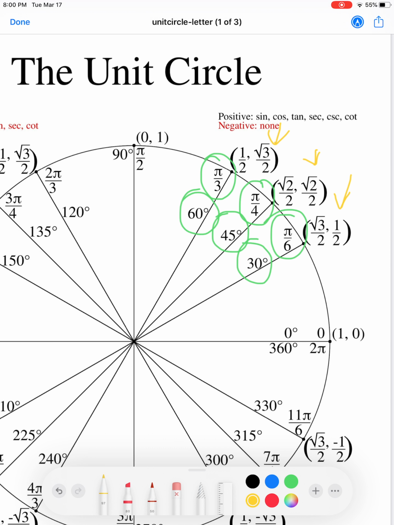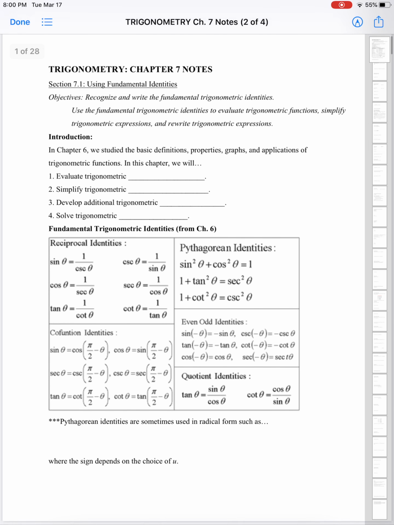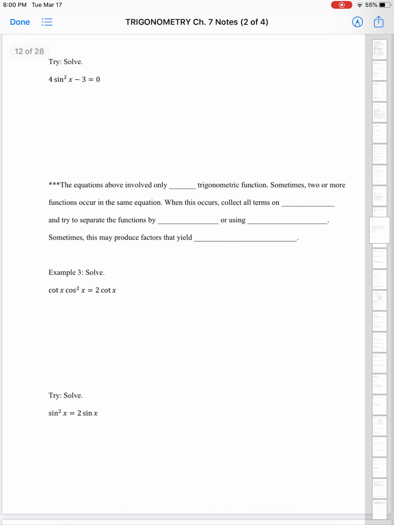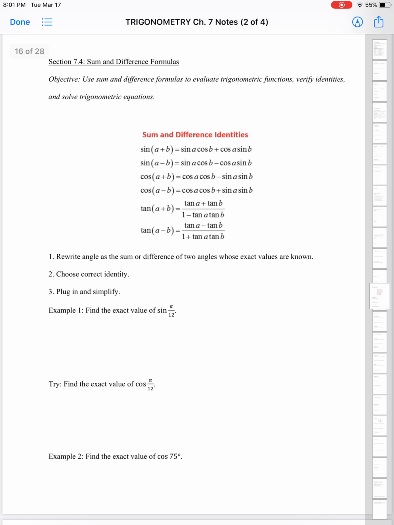I know that doesn't make much sense right now, but in a second it will. Just like I always say, it doesn't make a lot of sense until we actually start doing the notes. So let me go down here to where we were in our notes.